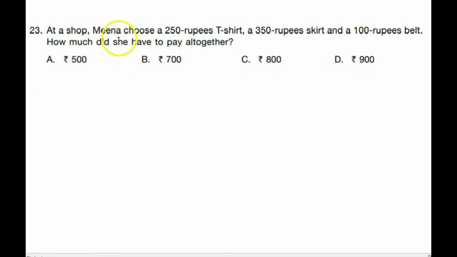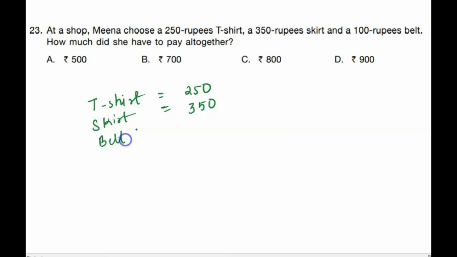At a shop, Meena chose a 250 rupee t-shirt, a 350 rupees skirt, and a 100 rupees belt. Okay, the cost of t-shirt is 250 rupees. Cost of skirt is 350 rupees and cost of belt is 100 rupees.